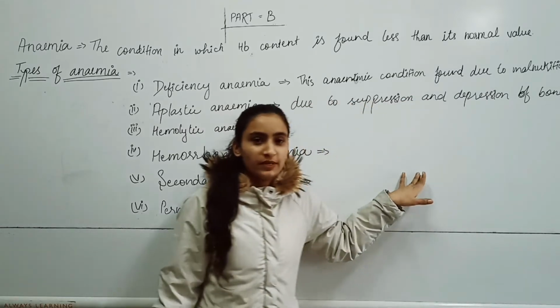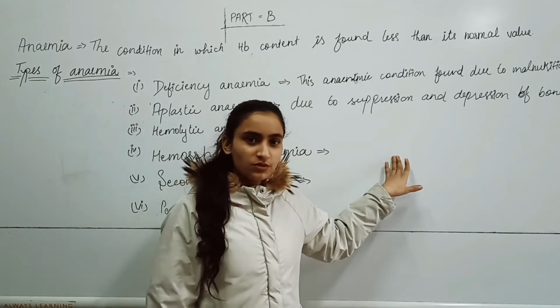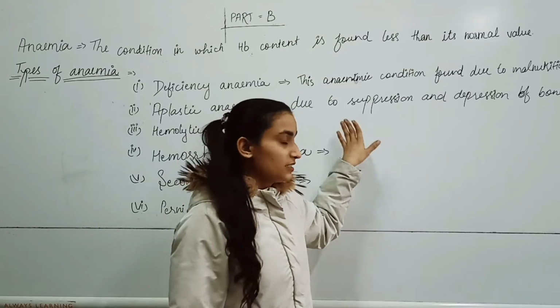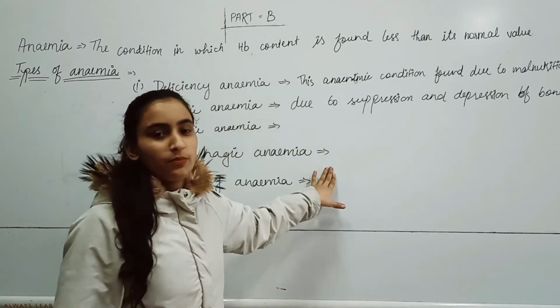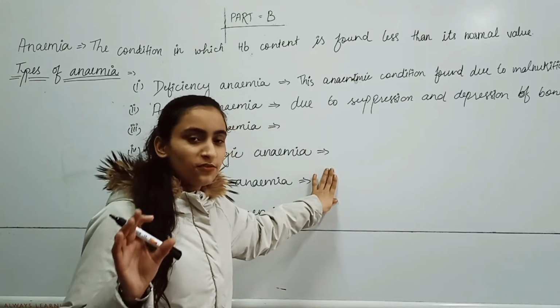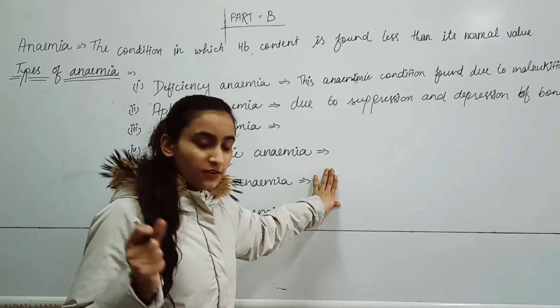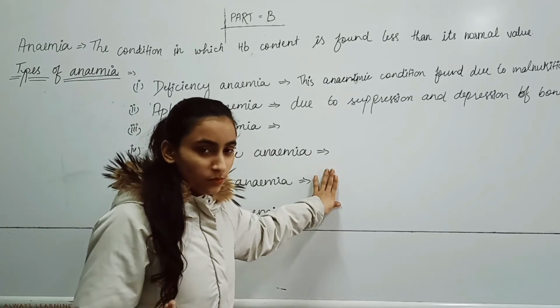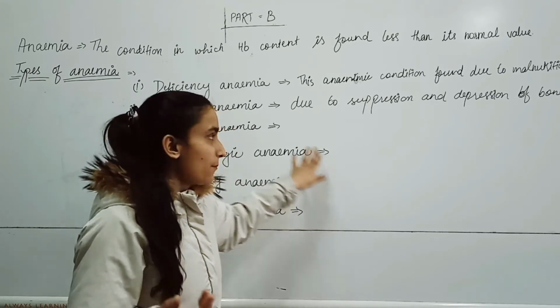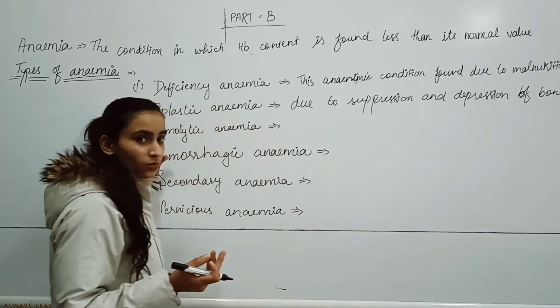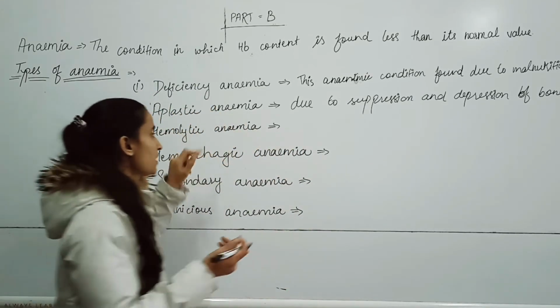If bone marrow gets depressed, it is not capable of producing RBCs, and that will cause aplastic anemia, because the hemoglobin content is found in the RBCs. If RBCs are not produced by the bone marrow, it can cause aplastic anemia.